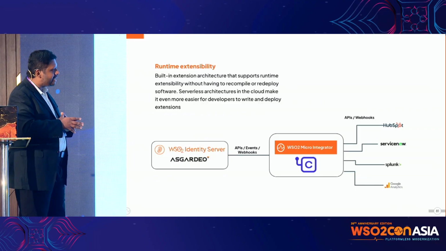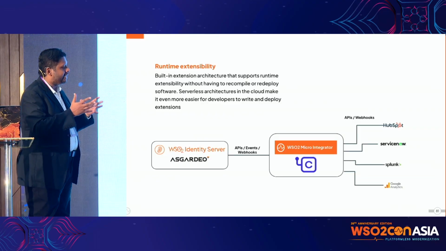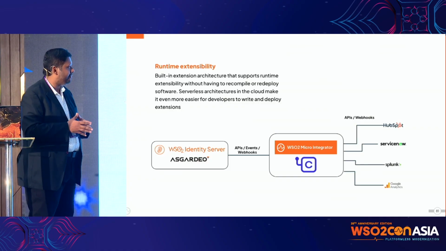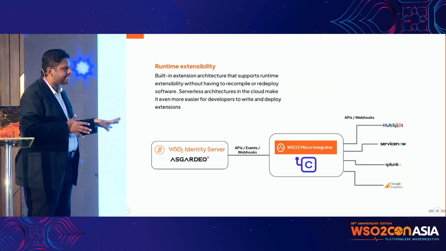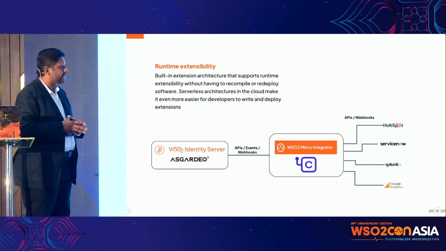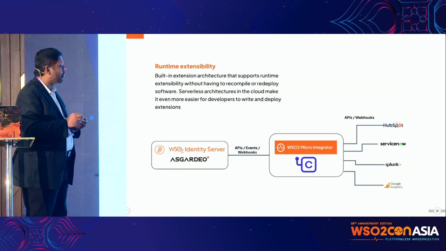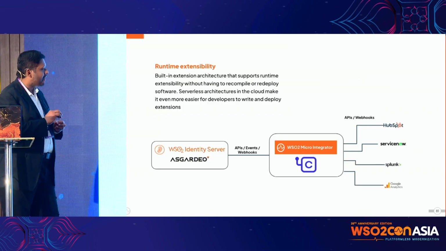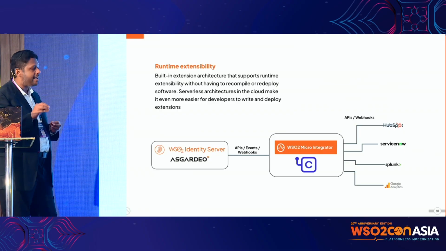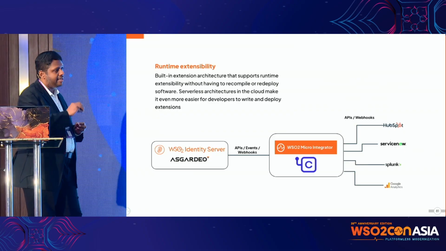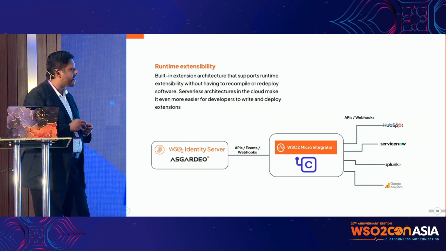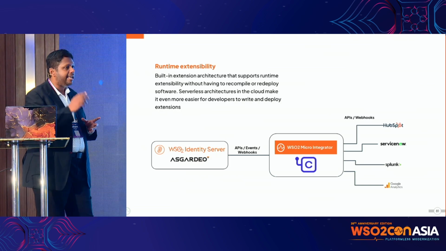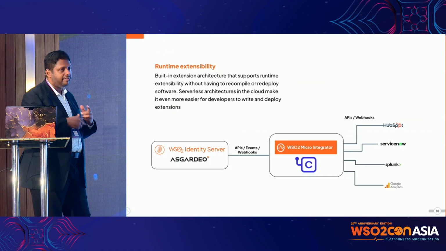In the old world, when we had Java-based products, we could easily extend them with code. But when it's a SaaS service or something like that, it's not as easy. So we need to provide ways of extending SaaS products, which is why we have provided these API-based extension points, where we publish an Open API contract, and then you can write your service based on the Open API contract, and we will call that service whenever we execute the flow.